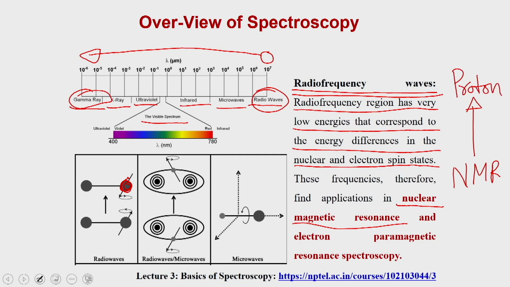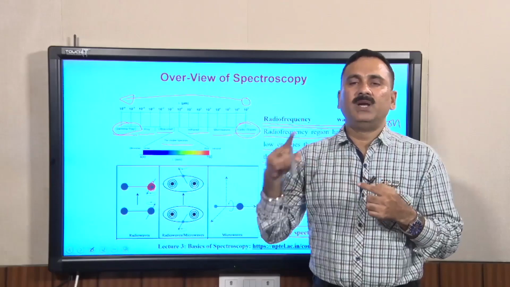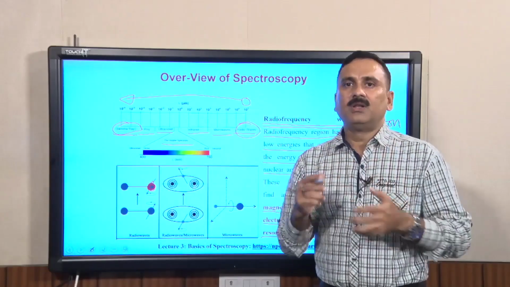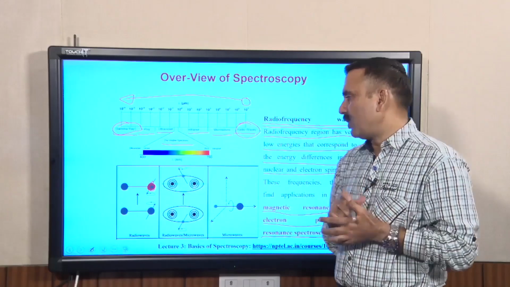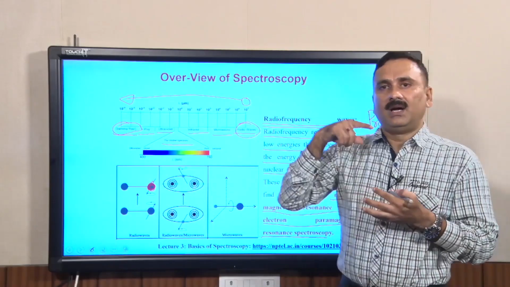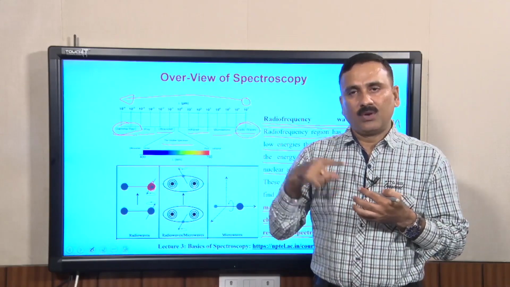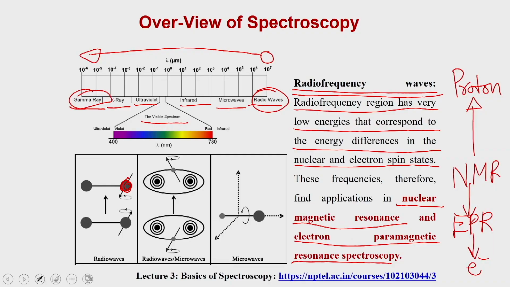Or you can use the electron paramagnetic resonance spectroscopy, the other phenomenon, EPR, which can be used to study the phenomena of electrons. So, you can study the rotation movement within the electrons using EPR spectroscopy, whereas you can use NMR spectroscopy to study the rotation movement within the protons which are present inside the nucleus.